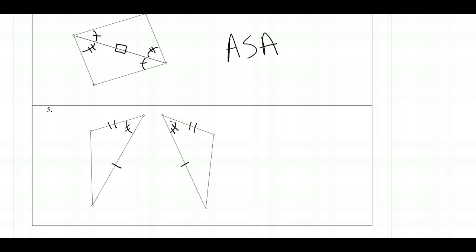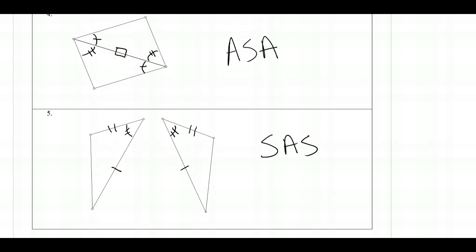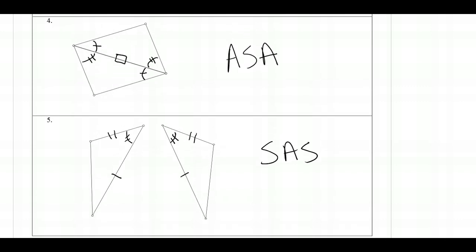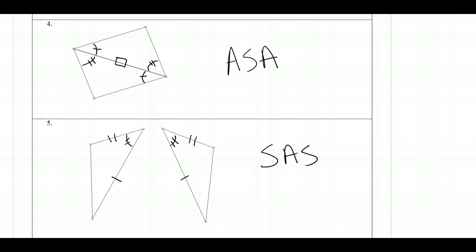So we can see we have 2 pair of sides and we also have a pair of angles, and in this case the angles are included in the sides. So for this one we could use side, angle, side to prove that these two triangles are congruent. Now keep in mind these are just some very, very basic examples of what it would look like in the picture to prove triangles congruent.